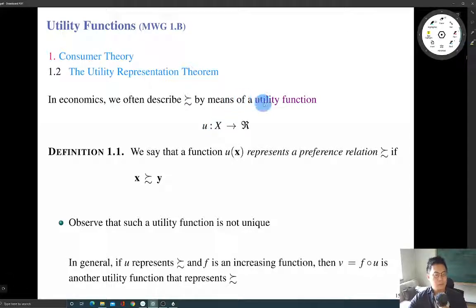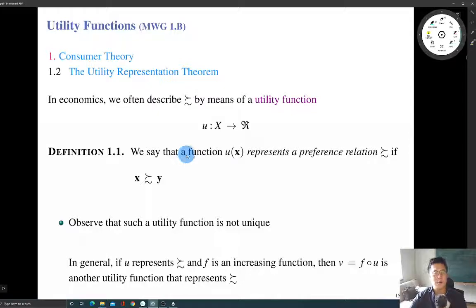But in order to work with a utility function, there must exist some relationship between utility function and preference relation. So in other words, utility function must represent the given preference relation. Okay? So this idea is formalized in the next definition.